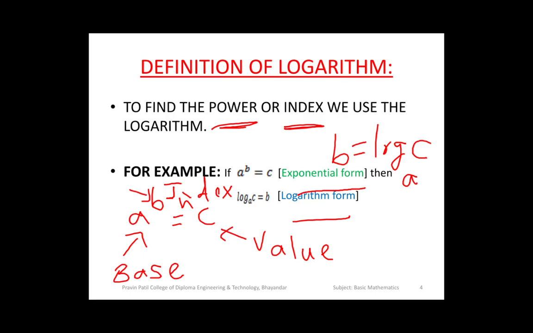Then why are we using this logarithmic form, or where are we using this logarithm? Logarithm is used to find power or index. Whenever we are interested in the index, the index is not given, and we have to determine the index or find the power, then we apply the logarithm.